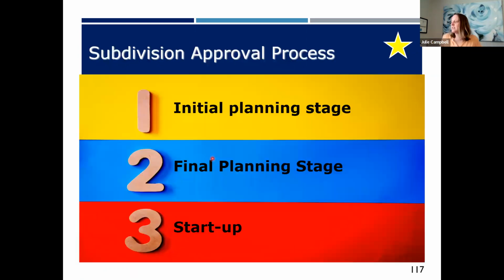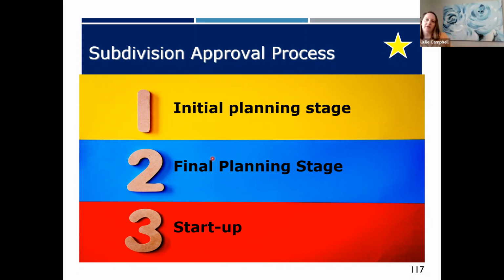Over on page 117, it gives you the subdivision approval process. Just to be somewhat familiar, it's very, very basic, as you can see. The initial planning stage: the developer has to find land. They have to make sure it's suitable. Can we hook this land up to public water, public sewer?